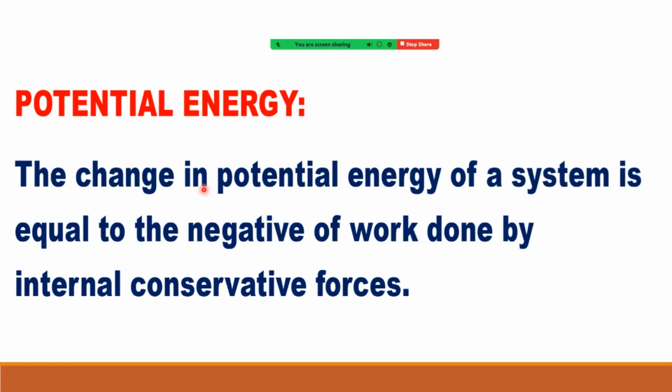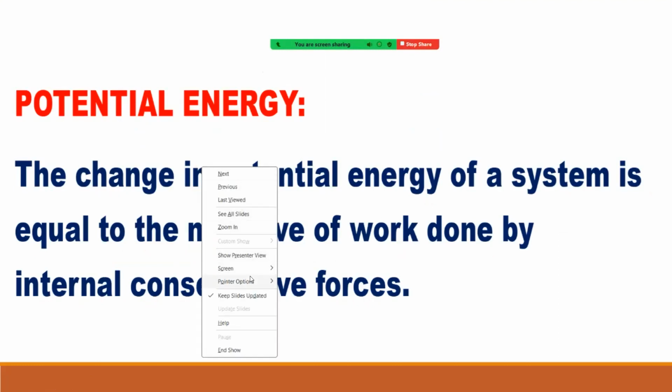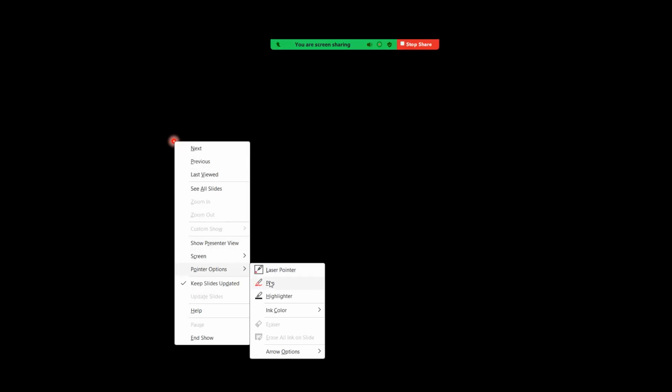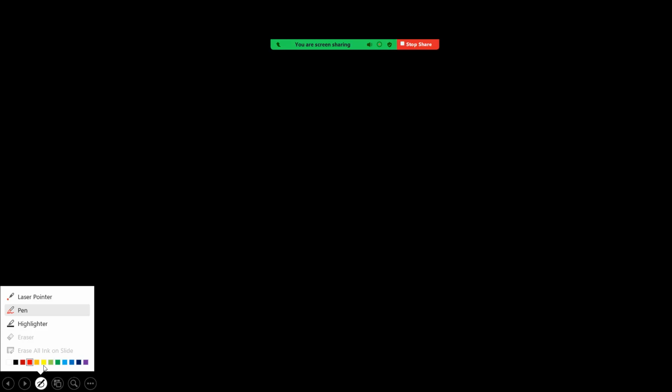Now see the meaning of this in detail. So we are saying here the definition part.